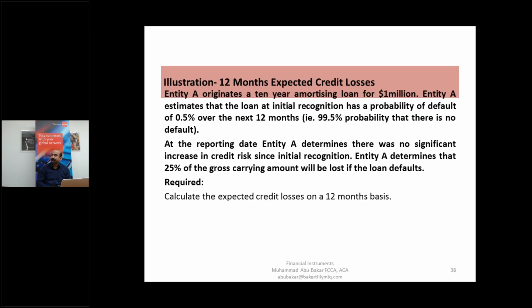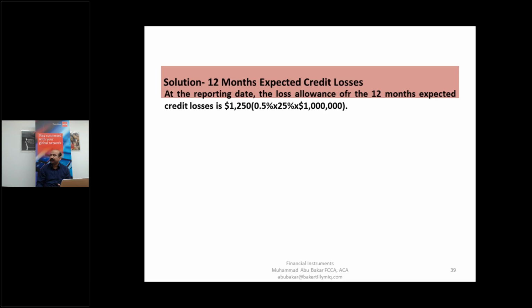As we can see from the last slide, 1 million is the carrying value of this loan, and the probability of default is 0.5%. And as a result of this default, 25% is expected to be lost. So when we multiply all these figures, this will give us the 12 months expected credit losses. So this is the way you can make your calculation.